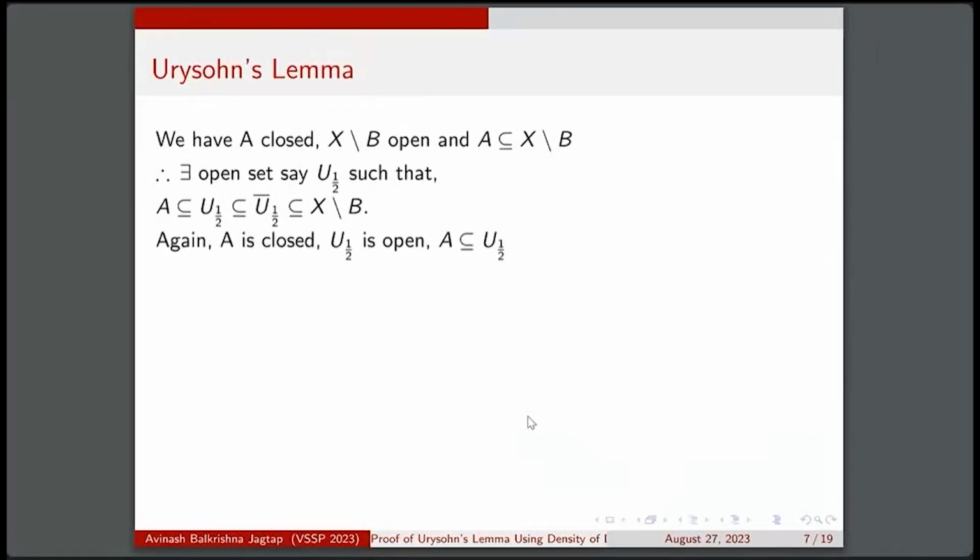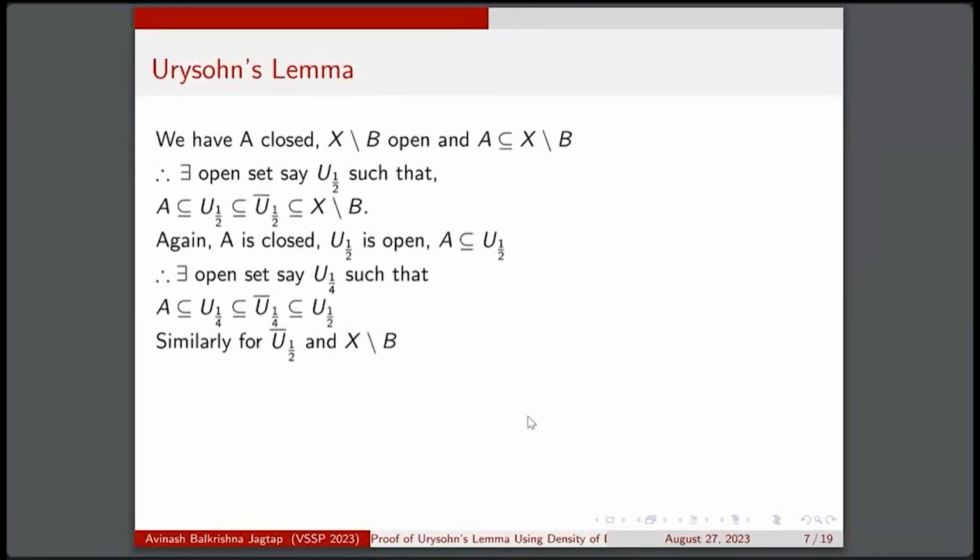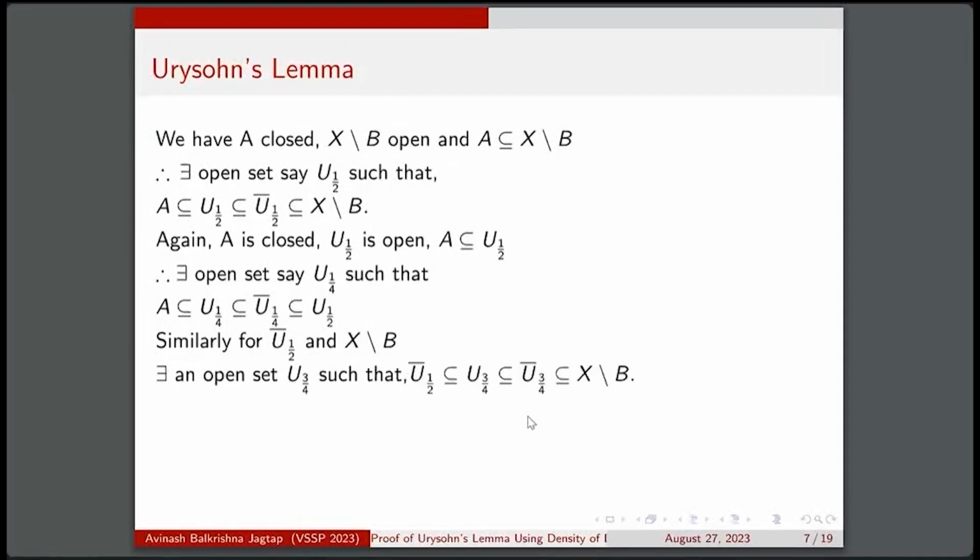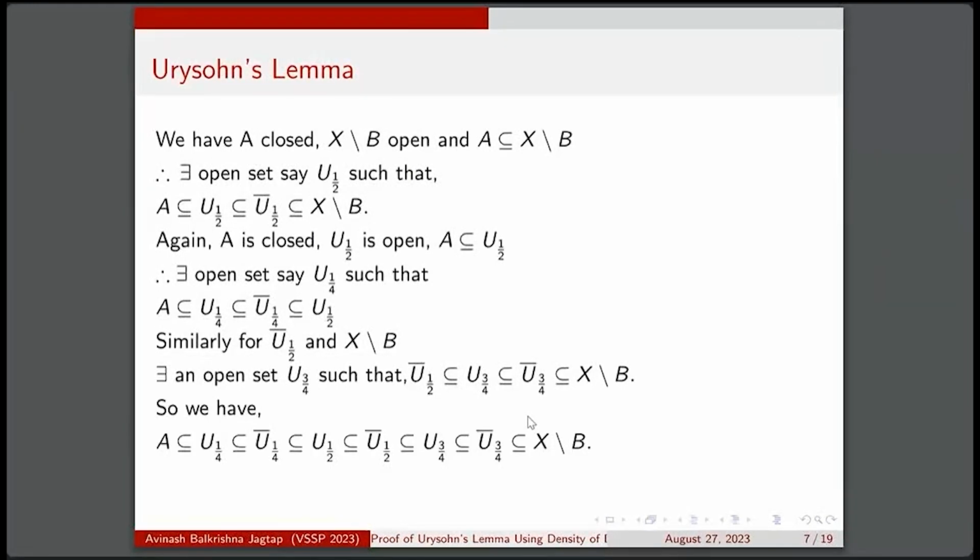Again, A is closed and U_{1/2} is open, and A is contained in U_{1/2}. So there will exist some open set U_{1/4} such that A is a subset of U_{1/4} and U_{1/4} closure is a subset of U_{1/2}. Similarly, for U_{1/2} closure and B complement, there will exist some open set U_{3/4} such that U_{1/2} closure is a subset of U_{3/4} and U_{3/4} closure is a subset of B complement.